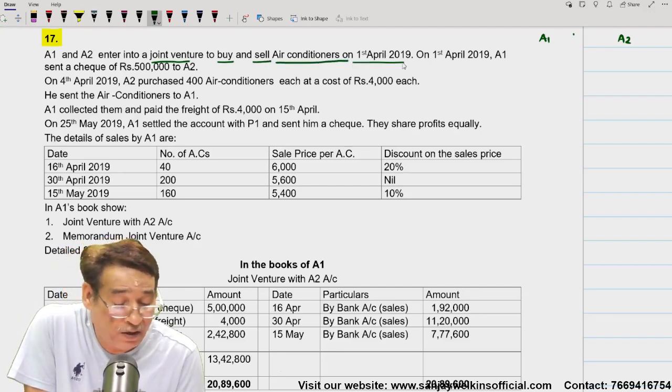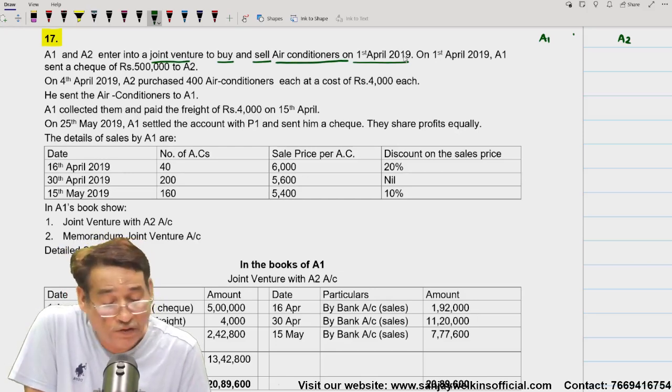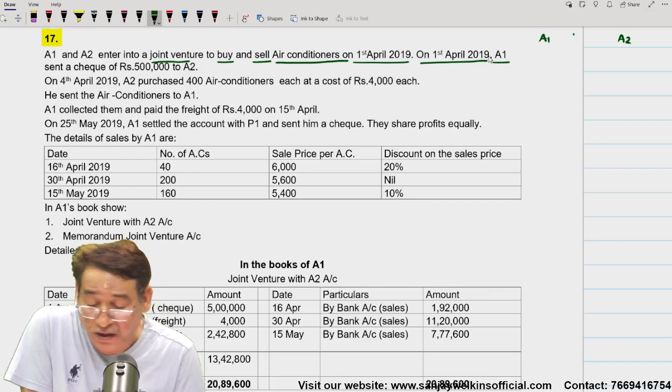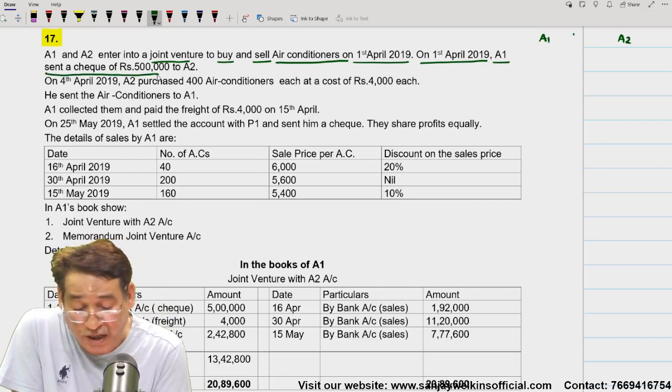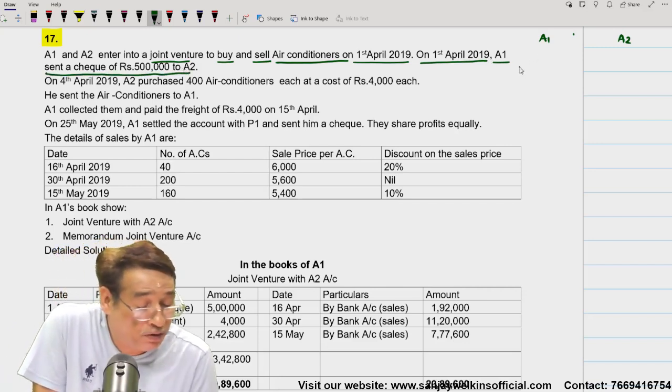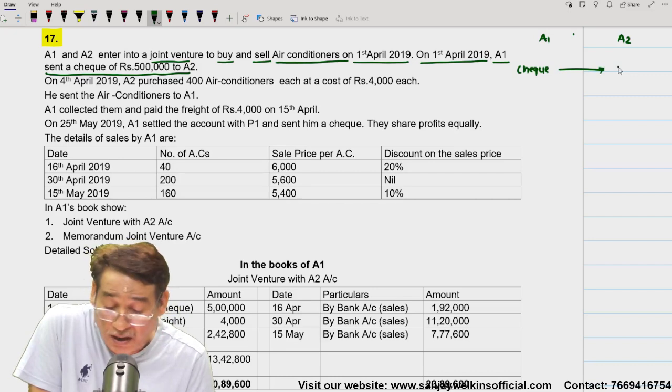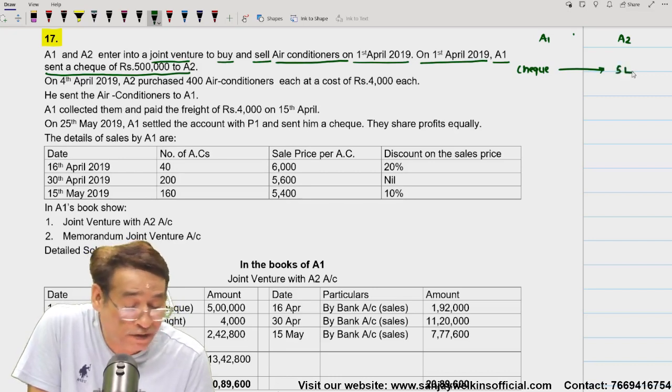And they entered into this relationship on 1st of April 2019. On 1st April 2019, A1 sent a check of 5 lakh to A2. So the first transaction says that A1 has sent a check to A2 and amount is 5 lakhs.